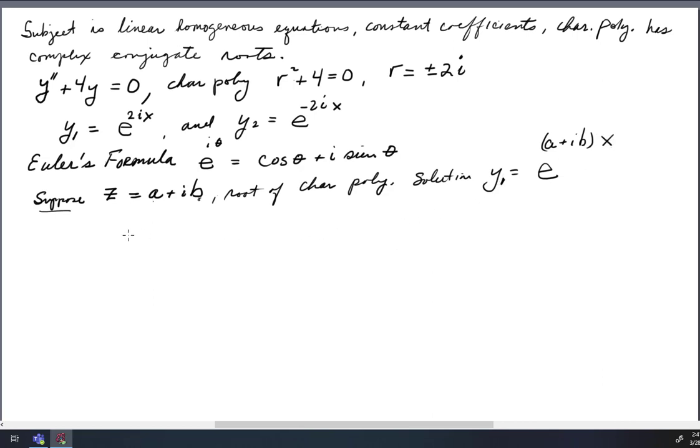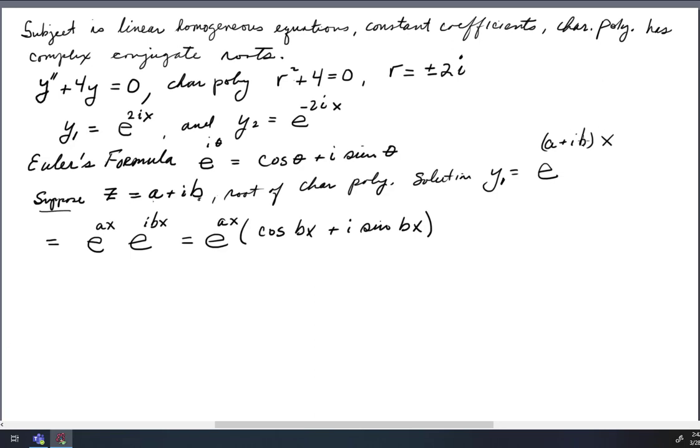And I think I'll just call that y1. And that would be further equal to e to the ax times e to the ibx, which would be e to the ax, and now using Euler's formula, this would be cosine bx plus i sine bx. And we call that y1.